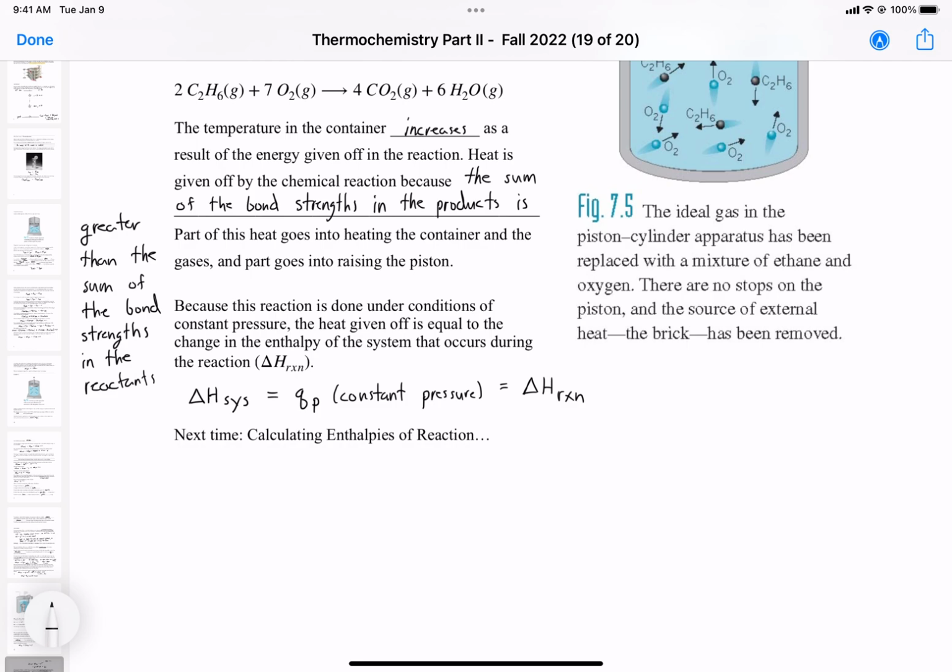Okay. So next time we will discuss calculating enthalpies of reaction and how to use these enthalpies of reaction to derive heats of reaction, and how to use it in a meaningful way to chemists.